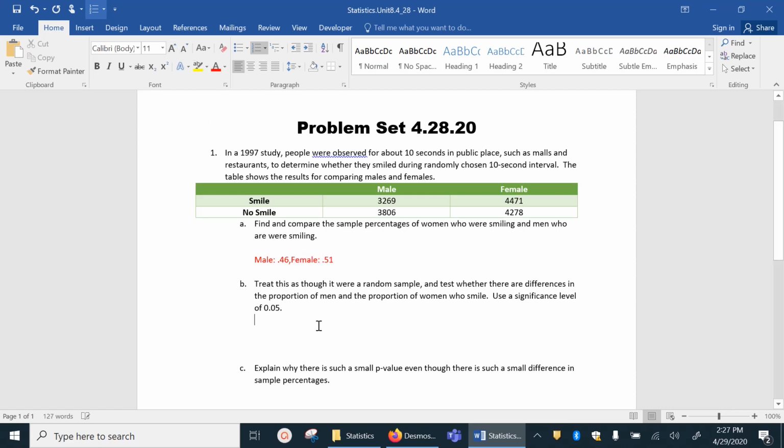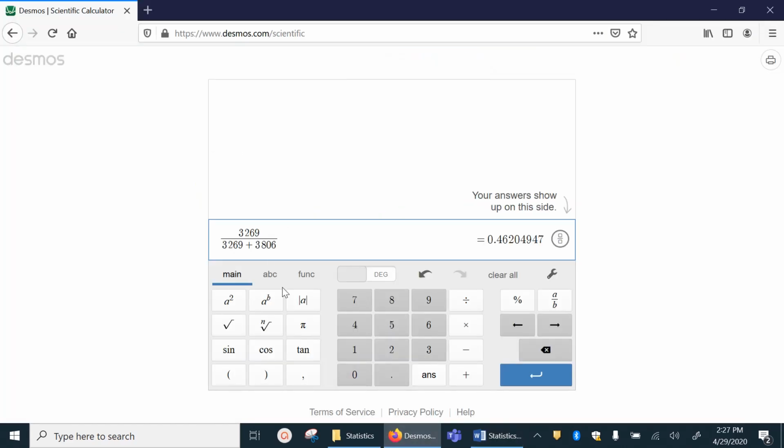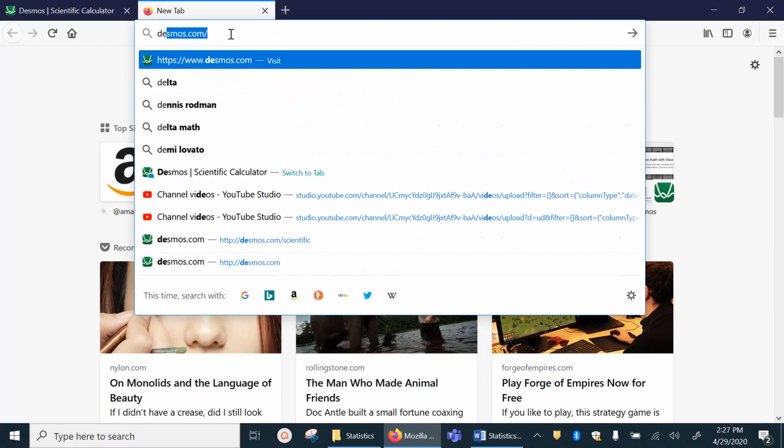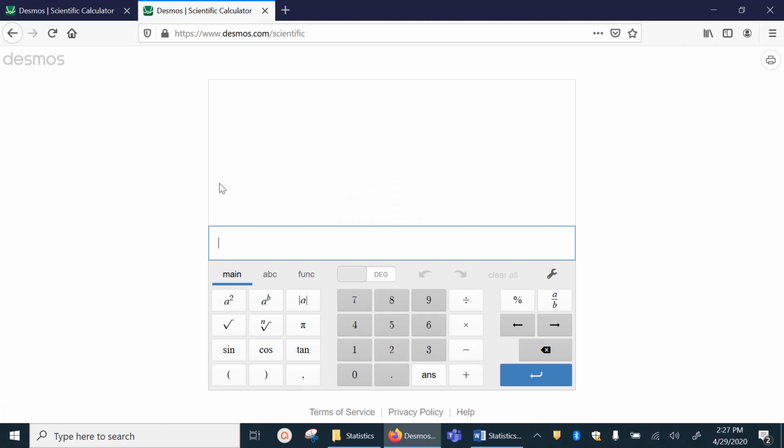Treat this as though it were a random sample and test whether there are differences in the proportion of men and the proportion of women. Again, that formula is: let's do women, which is 0.51, minus men, 0.46. Now I have to open up a new scientific calculator, Desmos Scientific, because I have to find the proportion of people who were smiling, regardless of gender.